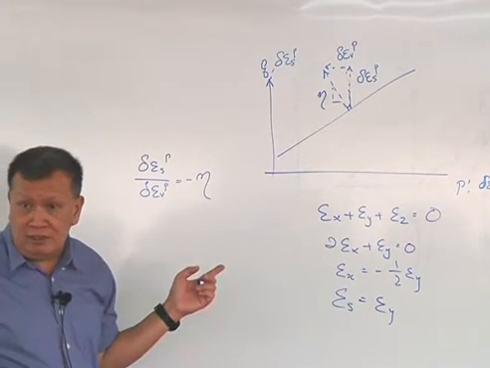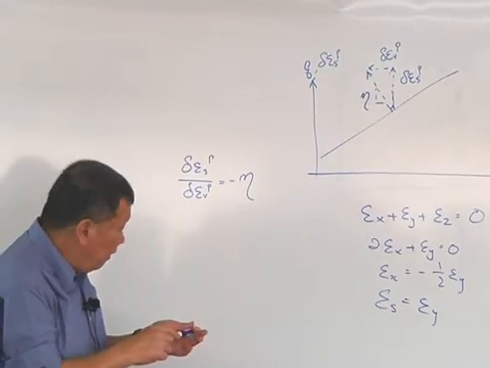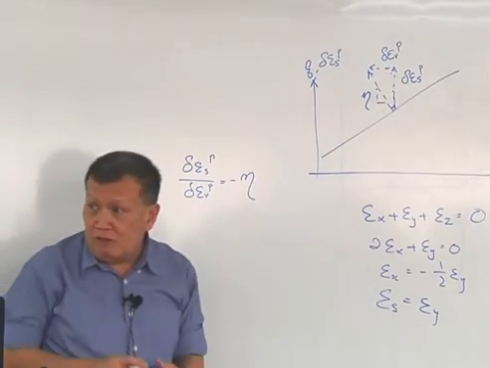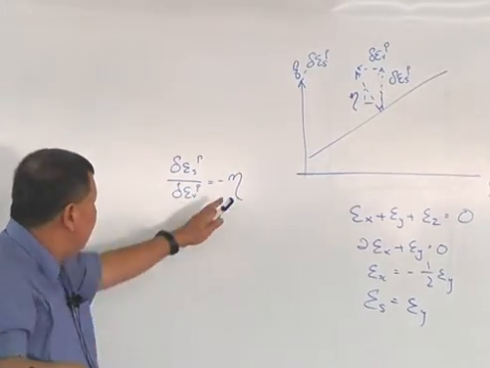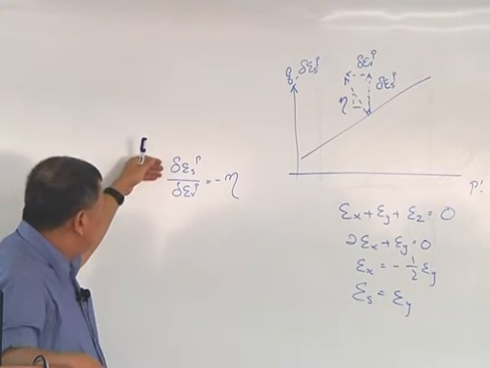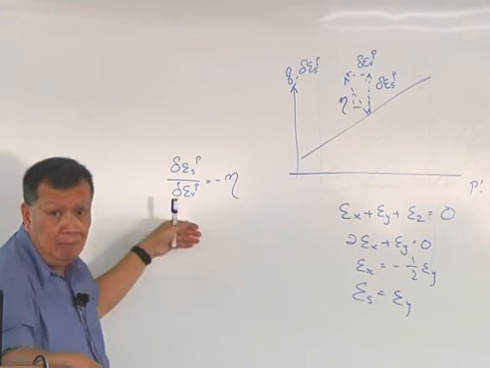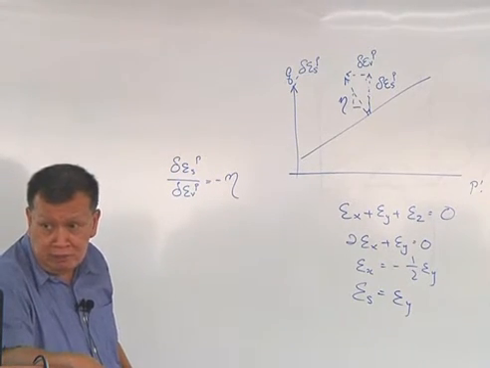That is the gradient. So the gradient of the strain increment vector in this case is negative eta. It basically tells you the ratio between the plastic shear strain increment and the plastic volumetric strain increment.